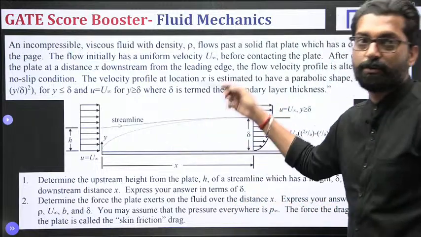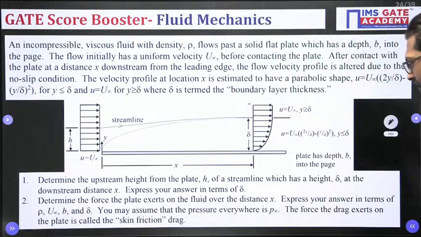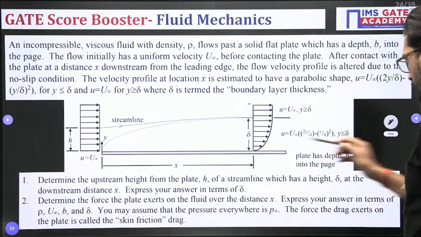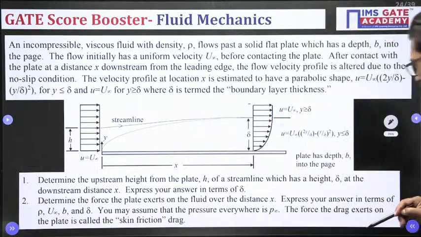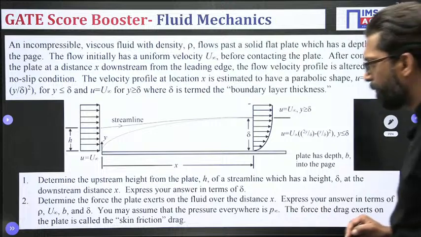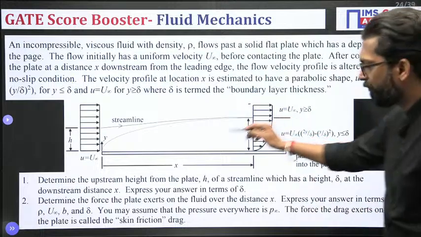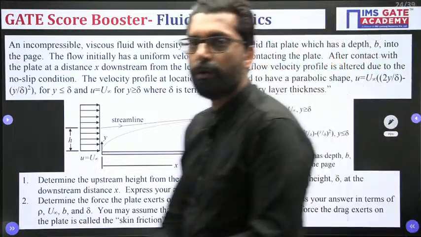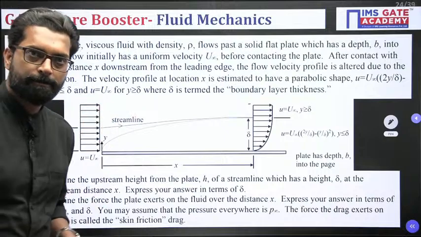That means the pressure is constant, in the vertical and horizontal directions. The drag the fluid exerts on the plate is called skin friction drag. So you also have to find the drag force on the plate. Clear?